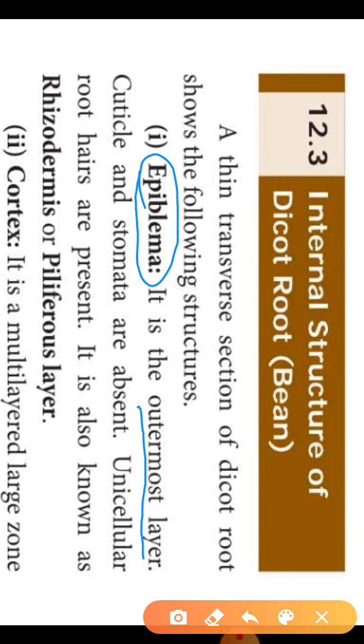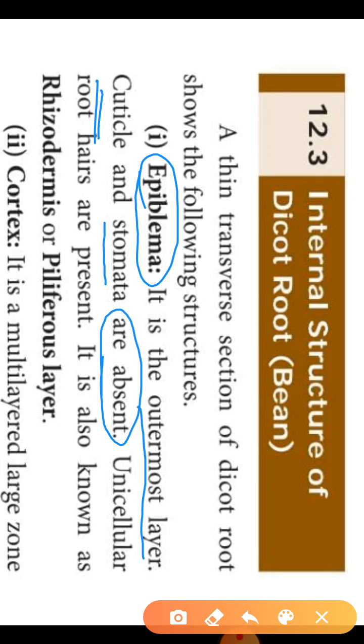In epiplemma, cuticle and stomata are absent. Keep in your mind. Okay, this is a very very important key.